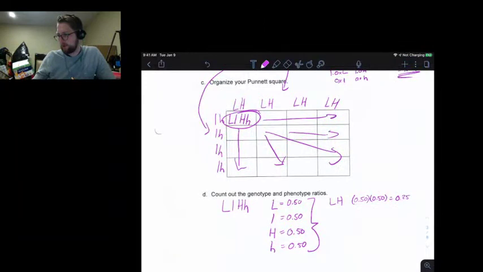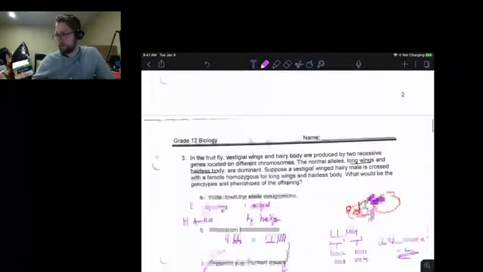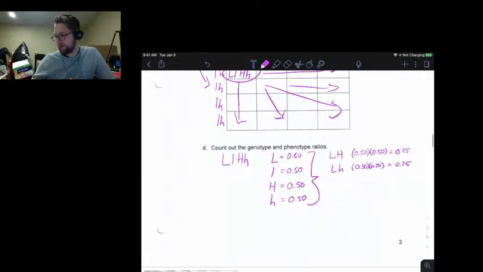As long as you write out every option, you can work out exactly what percent are going to be in the various forms.